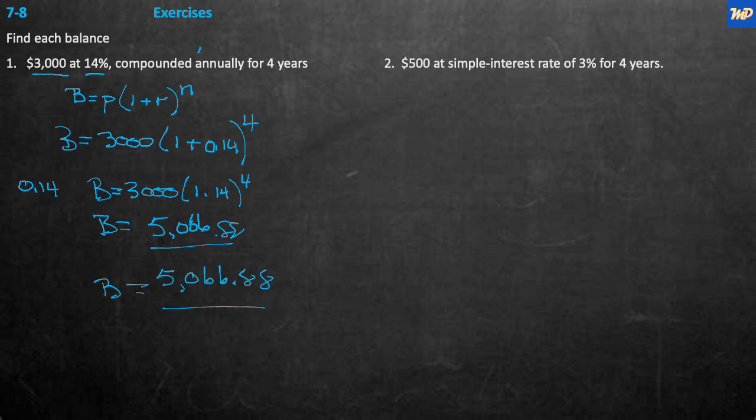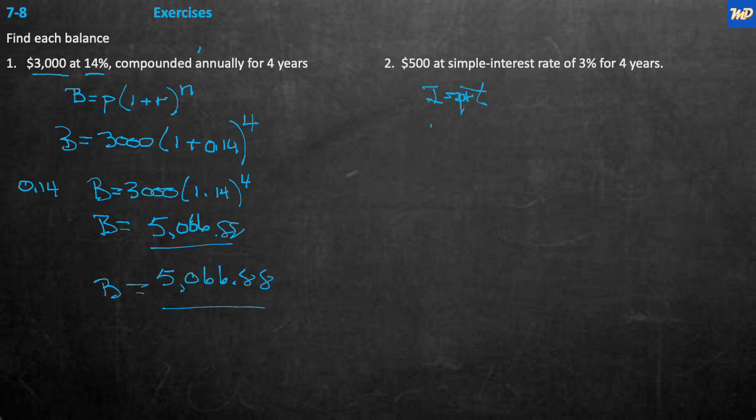$500 at simple interest, 3% for 4 years. Do we remember what the simple interest formula was? It was I is equal to PRT.